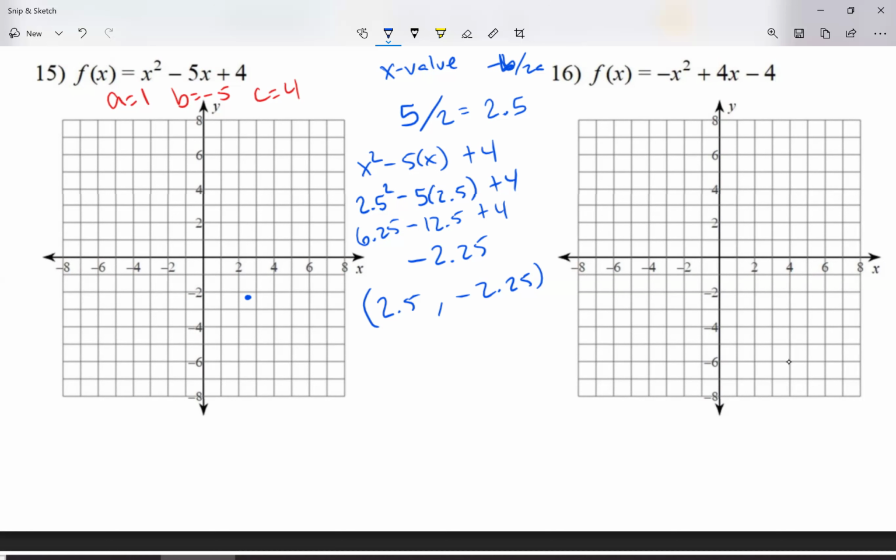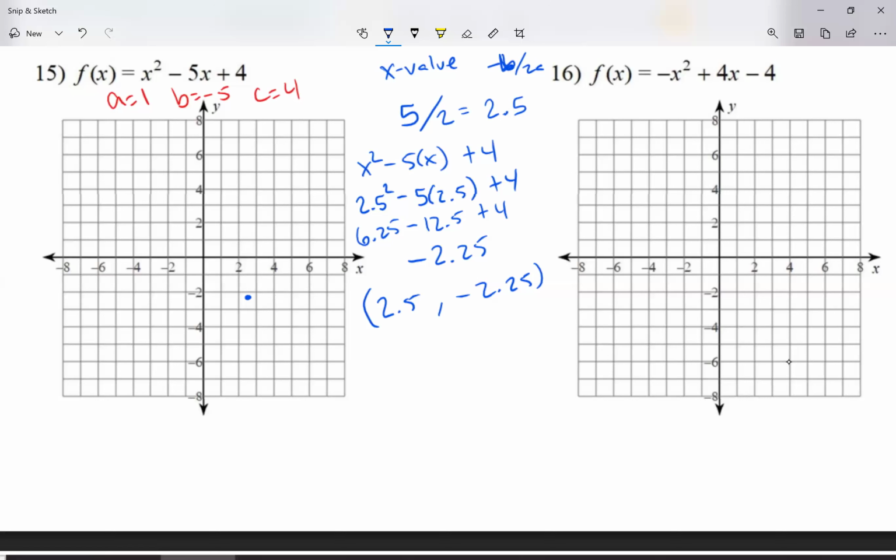Remember how I say A value is +1? Because my A value is positive, I expect this to be a U open up. Starting from my vertex, I expect a U shape open up. If my A value was negative, I would expect the U to open down. So I just know that it's an open up thing.